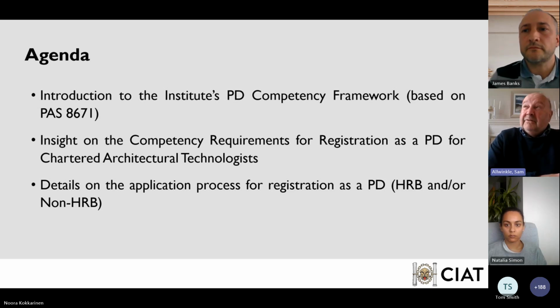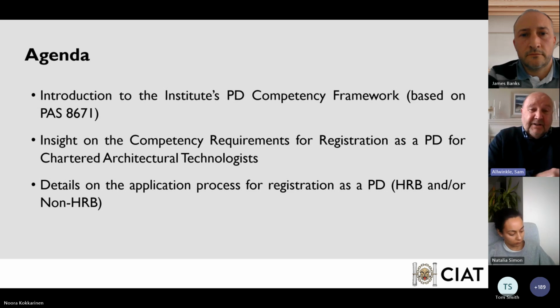It has a degree of legality, but although it's not a legal document, it's more a guidance document. But that is what we are using, and that's what the RIBA are using, and that's what APS are using. Those are the only two other schemes I'm familiar with that are developing a framework for principal designers to be able to demonstrate their competence, particularly to clients.